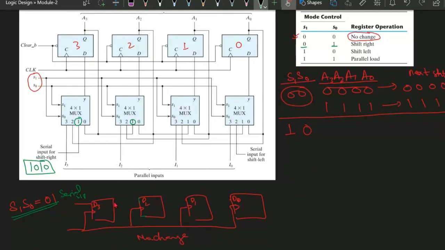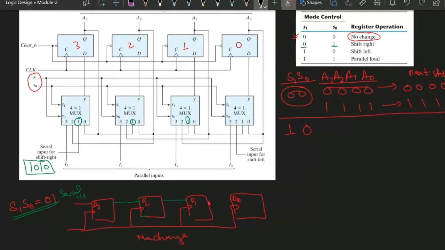So the output of D3 is connected with D2. Similarly, the output of D2 comes here and is connected with this one. Because the select line is common, this pin will be connected with Y and given to D. That means the output of D2 is connected with D1.